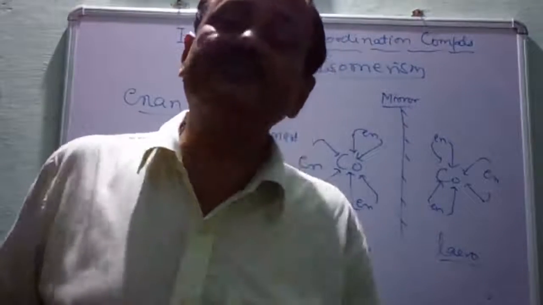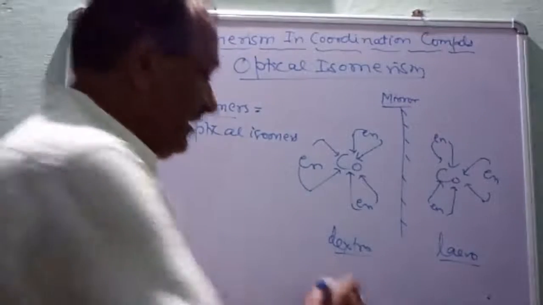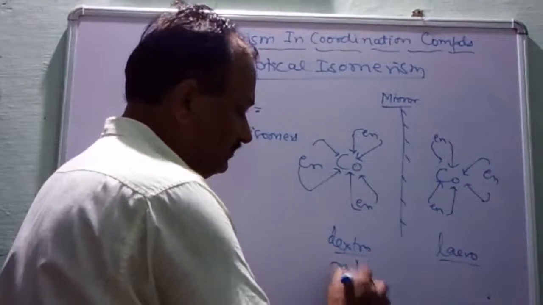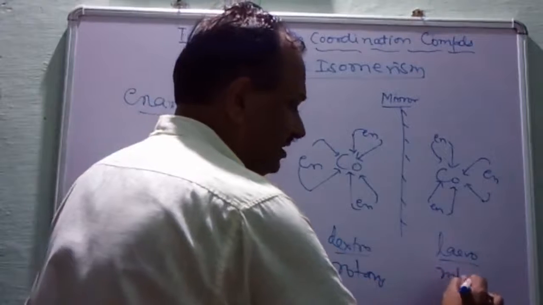One enantiomer is called dextrorotatory, and the other is called levorotatory.